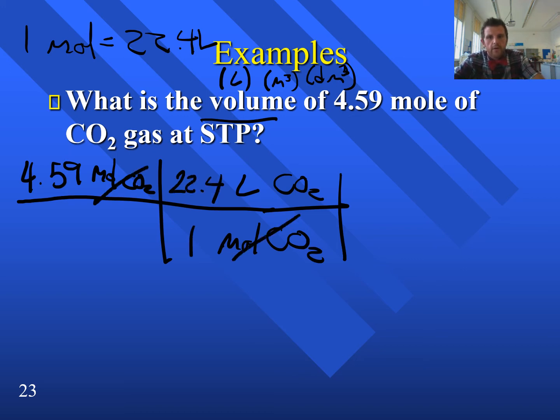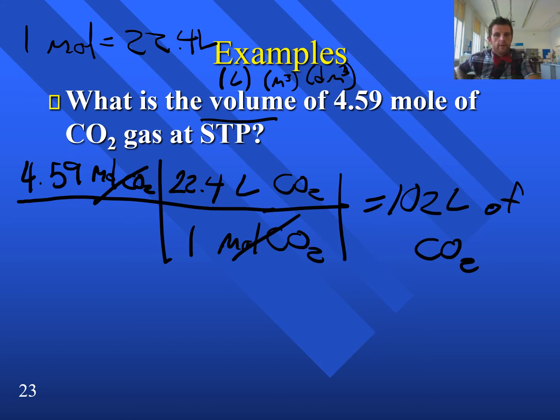Cancel it out. Put that into my calculator: 4.59 times 22.4. I end up getting 102 liters of CO2.